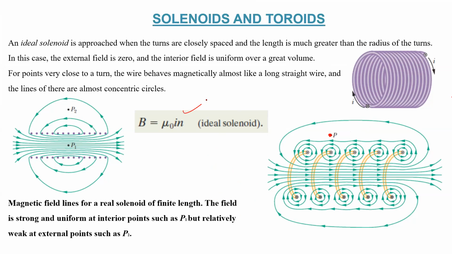We can calculate this by putting this formula, that is mu 0 I n, where n is the number of turns of a solenoid. Simple formula. It is one kind of representation of a solenoid.